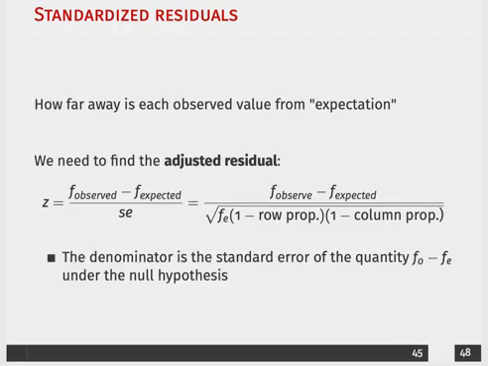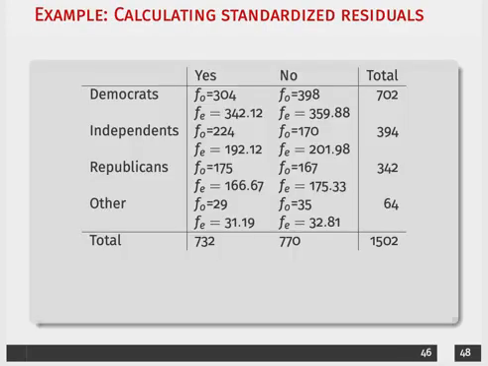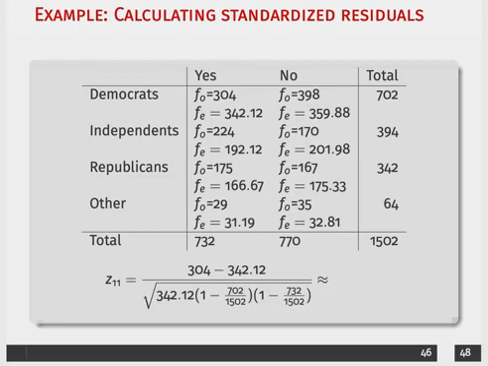The denominator is going to be the standard error for the quantity between the observed and expected frequency under the null hypothesis. So for each of these cells, we can go ahead and calculate that standardized residual. For the first one, with regard to Democrats that said yes, the standardized residual is negative 2.39.